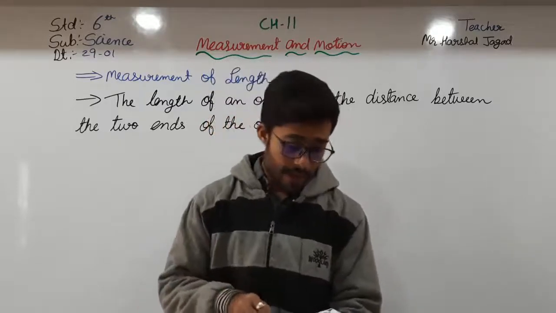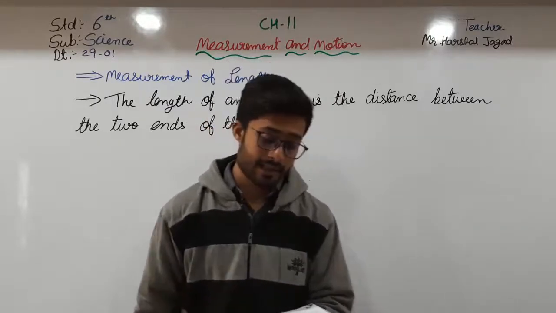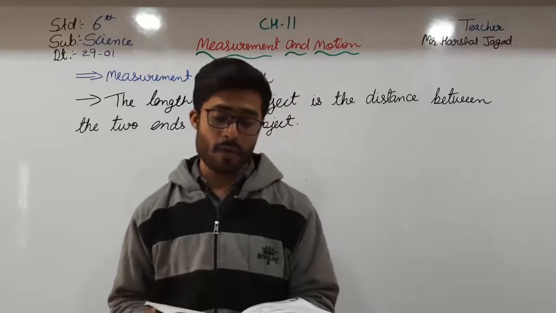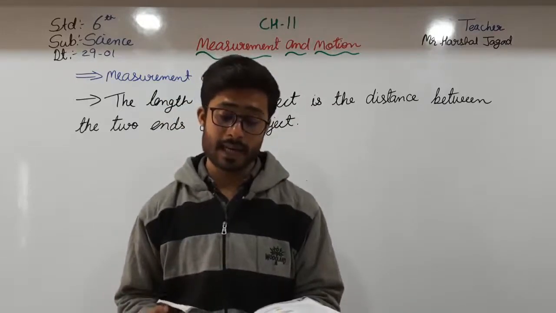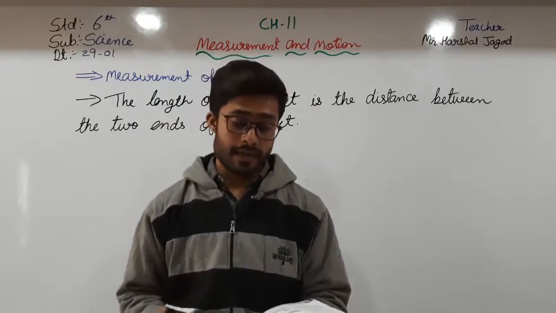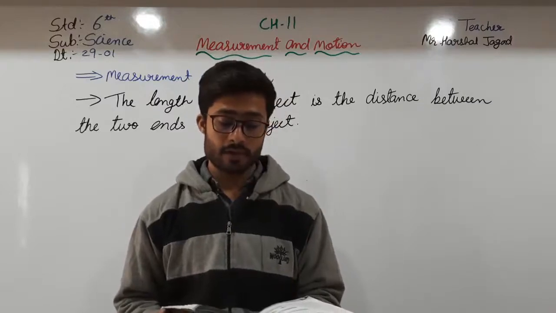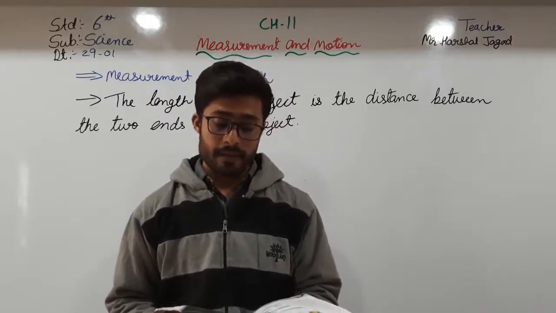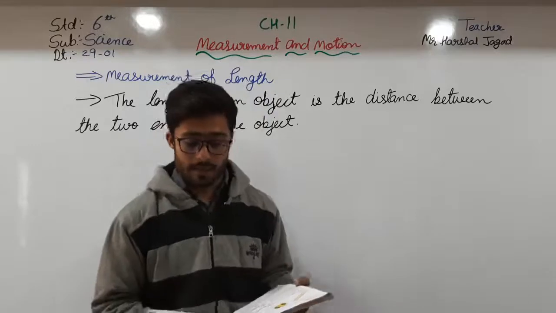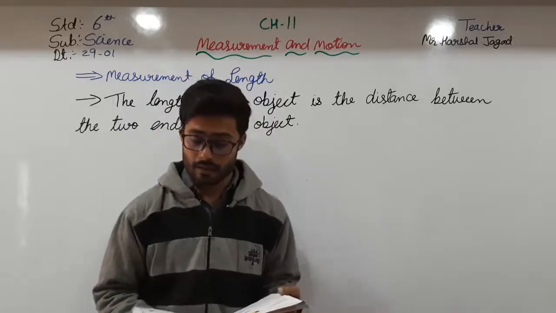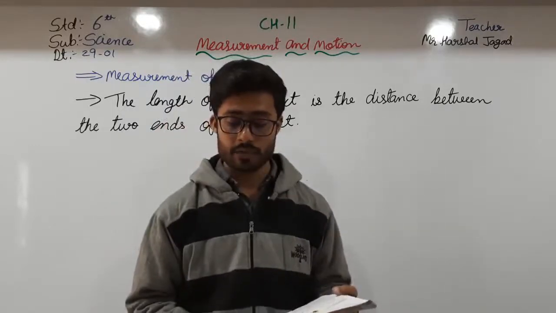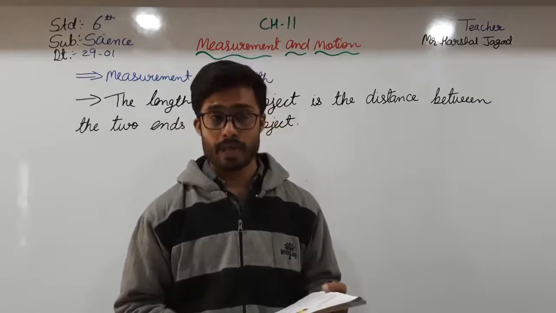Here an activity is given, that is to measure the length of 5 objects that have a straight edge. Materials needed: measuring tapes, ruler, pencil, a book, pencil box, table and any other objects with a straight edge whose dimension you want to measure.